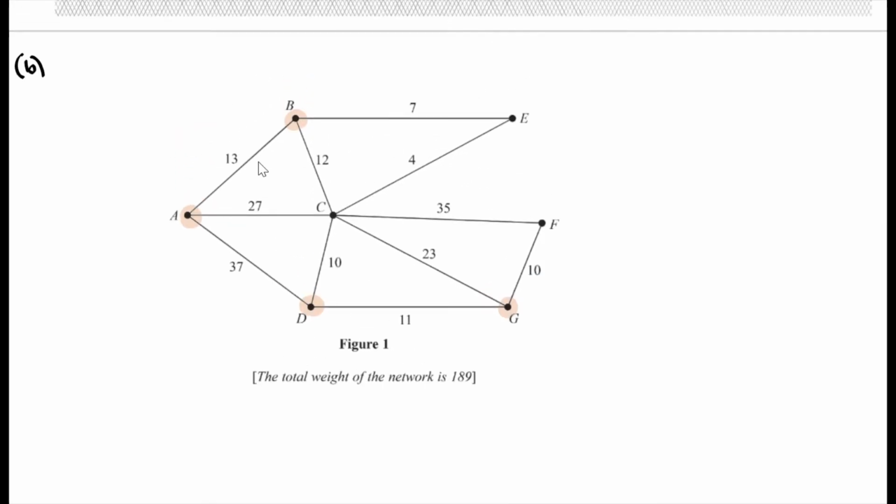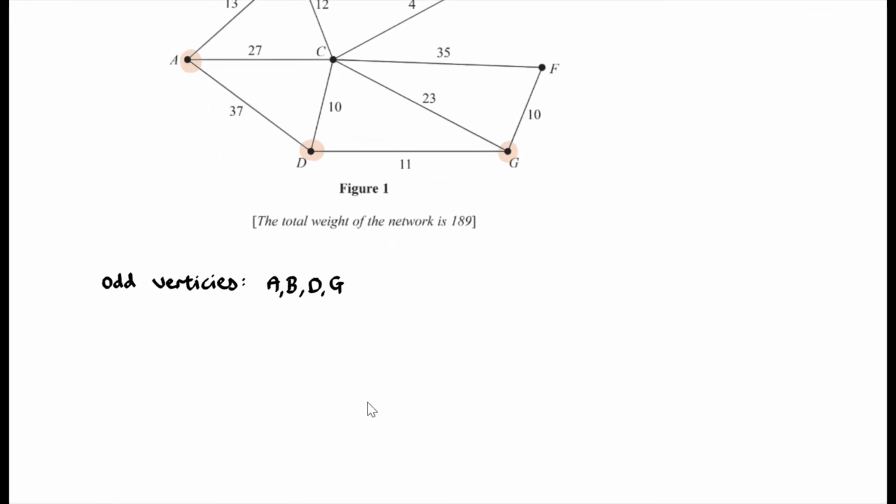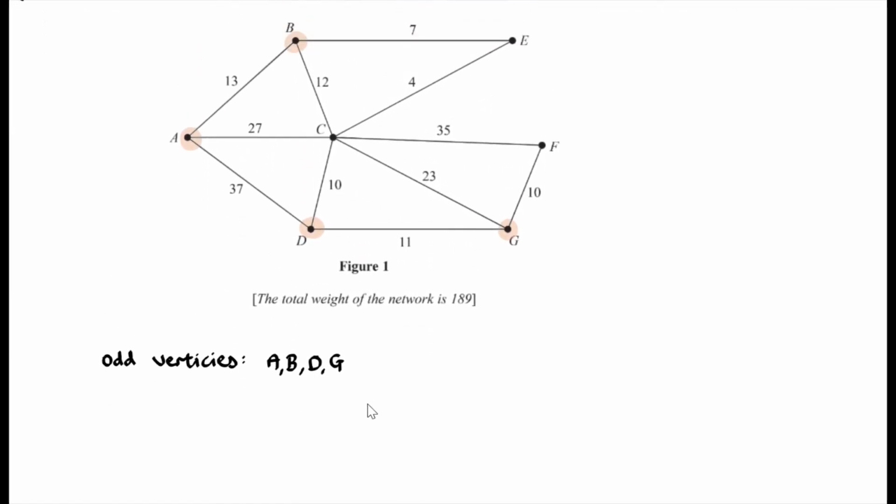So let's just write those odd vertices down. For the odd vertices, we have A, B, D, and G.